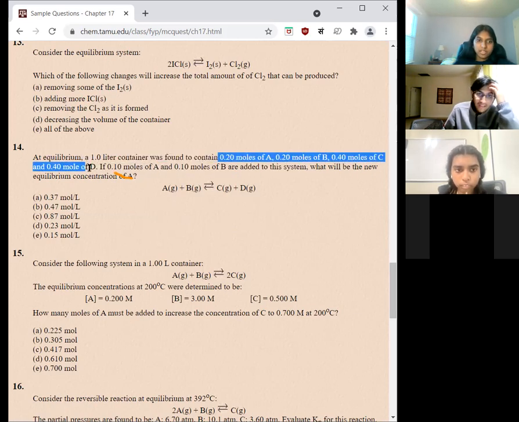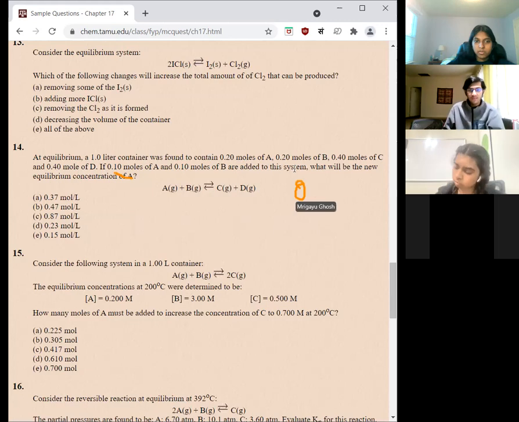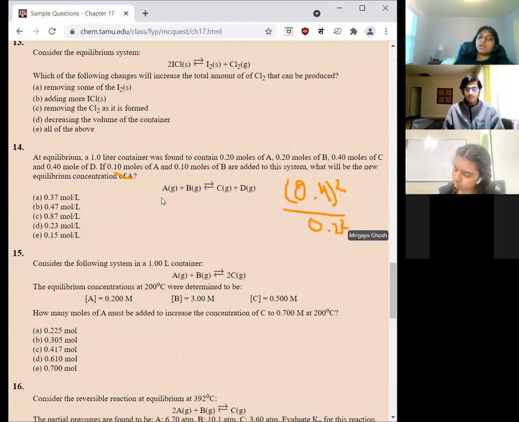If we have all these values, that's basically Kc. It is at equilibrium, I'm sorry. So you do 0.4 times 0.4 over 0.2 squared, essentially. So that's 4. The equilibrium constant is 4 for this one.